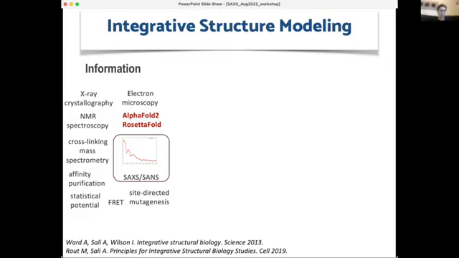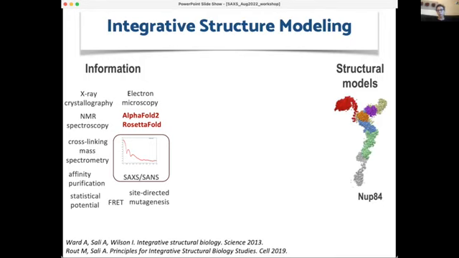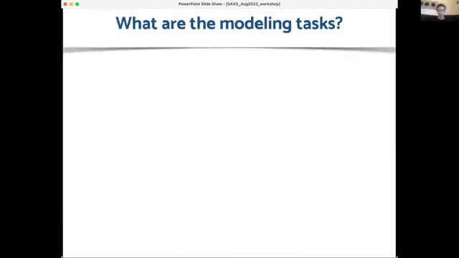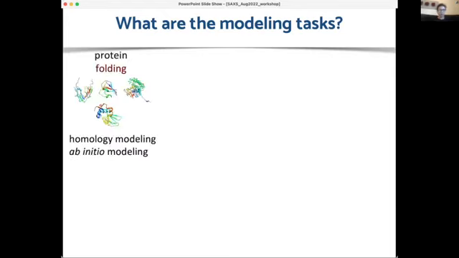And we would like to use all this information to come up with a final model or models that satisfy the data. And so what we are doing is developing computational methods that are able to integrate all this information. And so what are the modeling tasks?